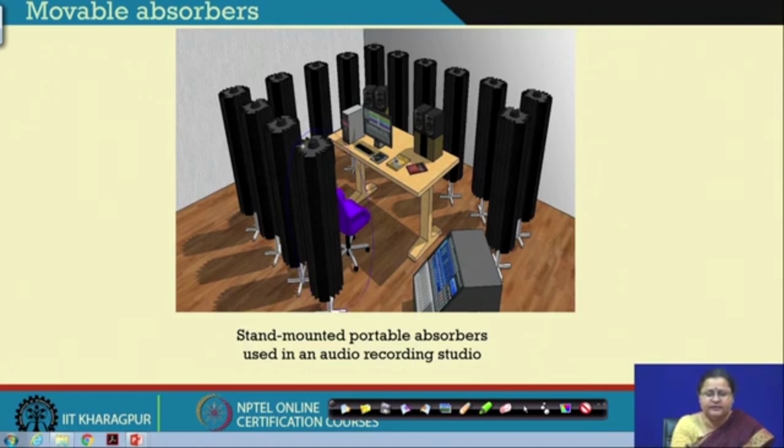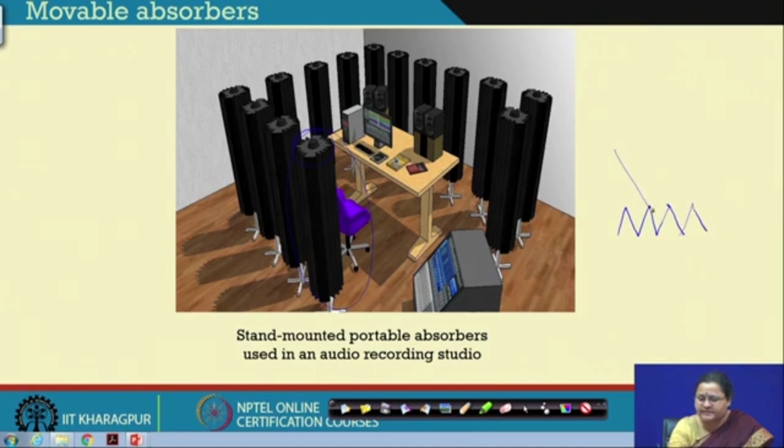So, you can bring in 5 of these, 10 of these, you can take out 4 of these, you can bring in another 20 as per the need. These are nothing but movable items which have absorbers all along them. You can see the surfaces, the wedges which form the surface, which were discussed earlier.